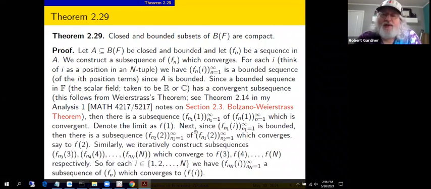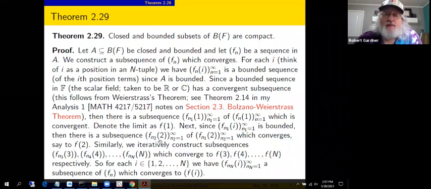So what we're going to consider next is f sub n sub 1 of I, n sub 1 equals 1 to infinity. This is bounded. These are all elements of set A, which is bounded. So we got a bounded sequence. Let's consider what happens when I equals 2.